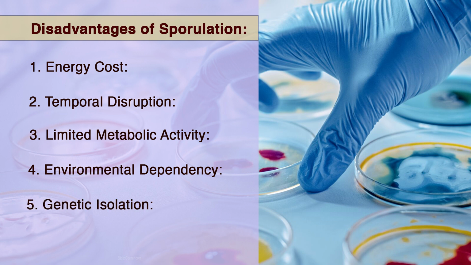Fifth one is genetic isolation. While sporulation can promote genetic diversity, it can also isolate genetic lineages. Spores may not readily exchange genetic material with other organisms or strains, potentially limiting adaptability in rapidly changing environments.